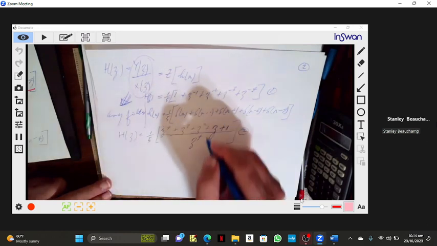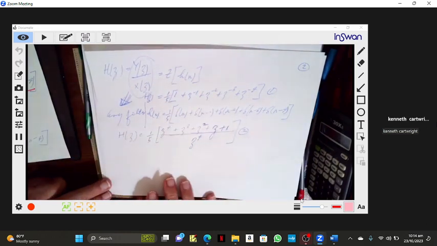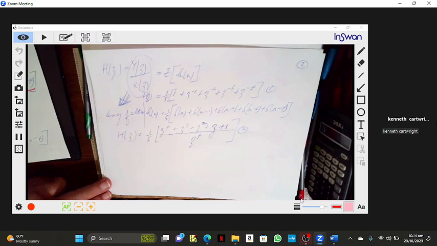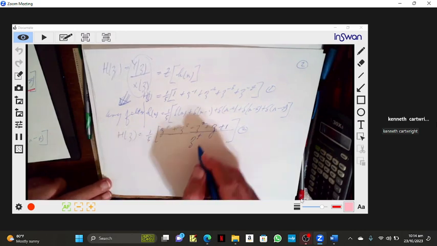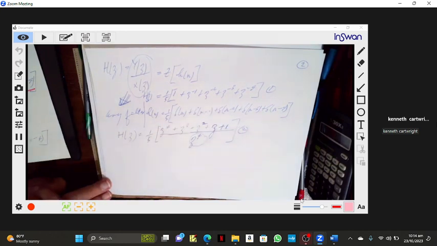Yeah, you just put it in standard form. Exactly. And therefore, you see on the denominator, we have a 4th power. And 4th power means we have 4 poles.